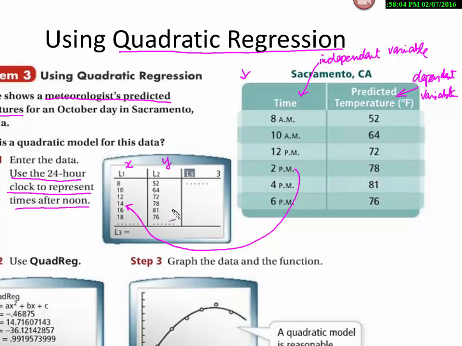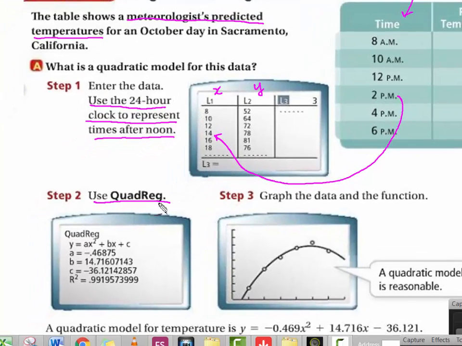After you enter all this data, you use the quadratic regression feature in your calculator, and it generates the quadratic model for you. So here's the quadratic model, which is in standard form, and the values of the variables A, B, and C are right here.